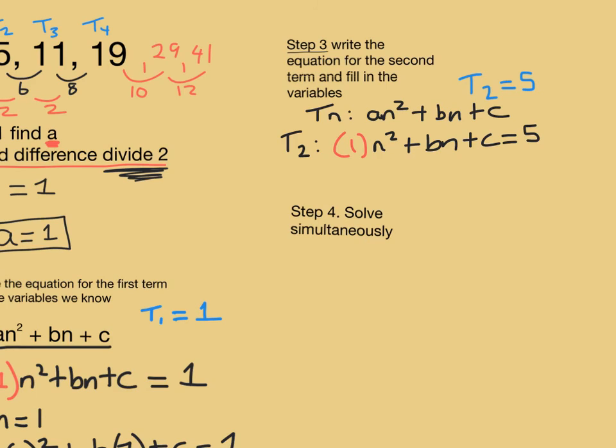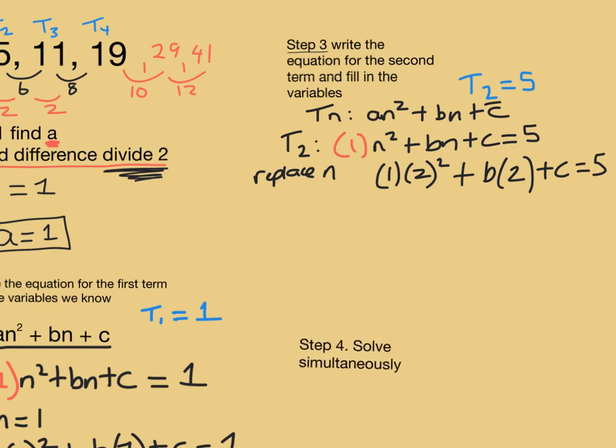And then what I'm going to do is replace n. So what I get is 1, and instead of n, I'm going to put 2 because we're looking at the second term. By 2 squared plus b by 2 plus c, and that's all equal to 5.